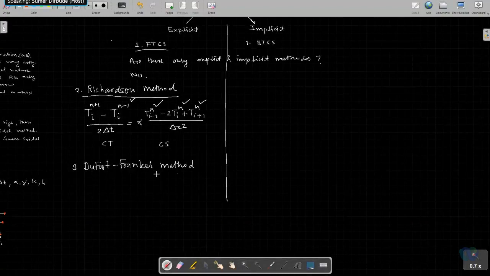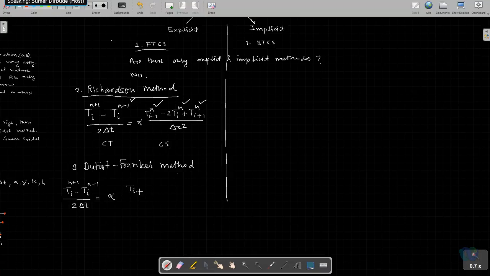Now in the Dufort-Frankel method, the time derivative remains central in time, Ti n plus 1 minus Ti n minus 1 divided by twice delta t, and a small change is made in the right hand side.